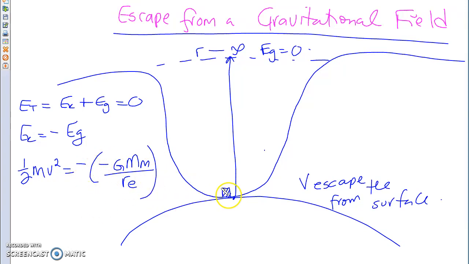Now this is from the surface of the Earth. We already know that my maximum energy is at the bottom right here. This is EG max. So bring everything up: half mv squared equals big G, big M, small m over RE.